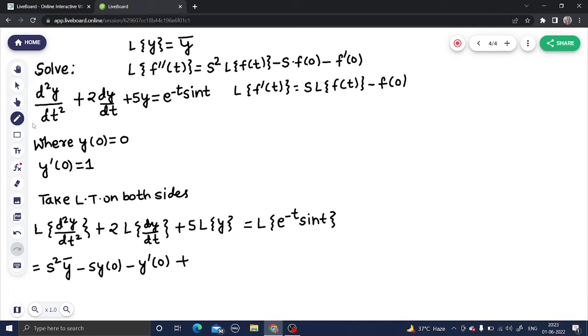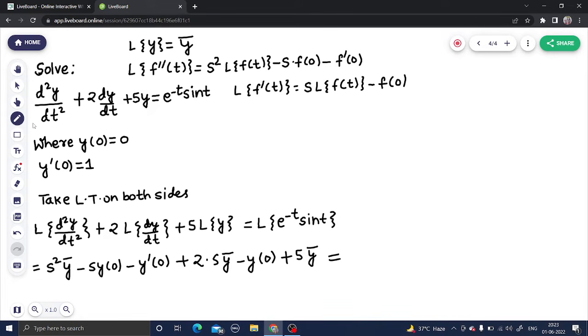So this will be 2 times s into Laplace of y, that I have assumed as y bar. Second term is minus f of 0, that means minus y of 0, plus 5 times Laplace of y is again y bar, equals to Laplace of e power minus t sin t.